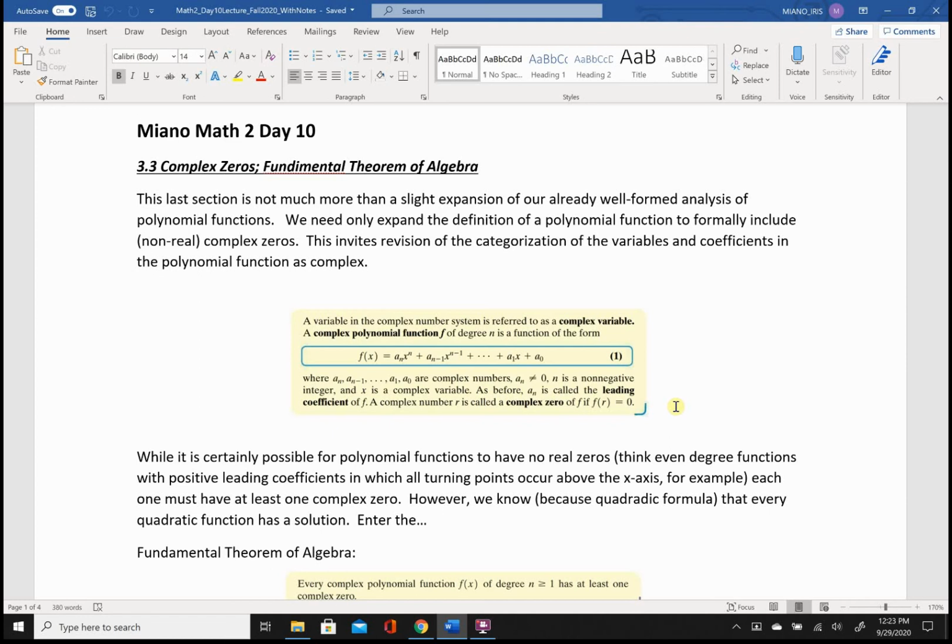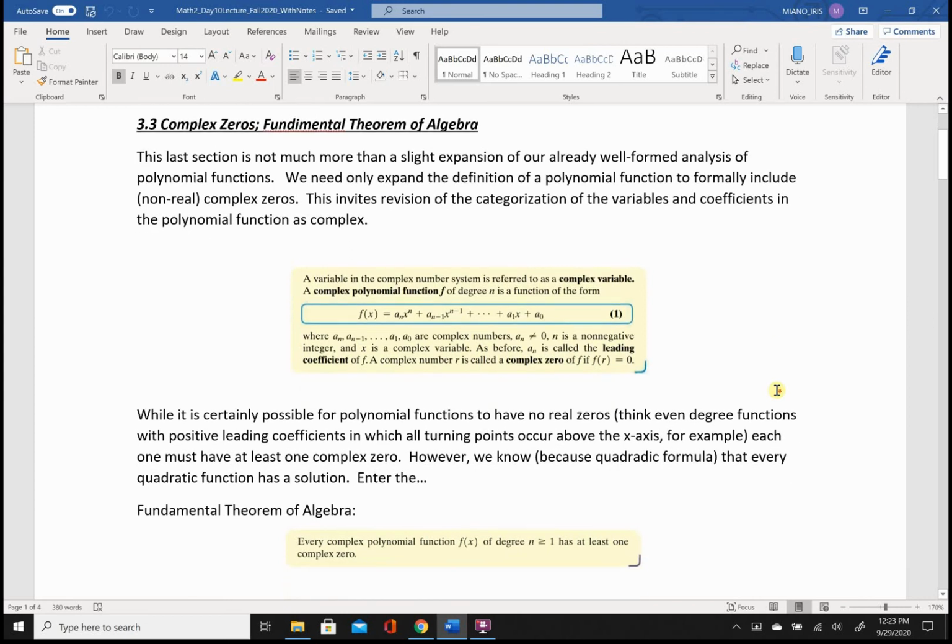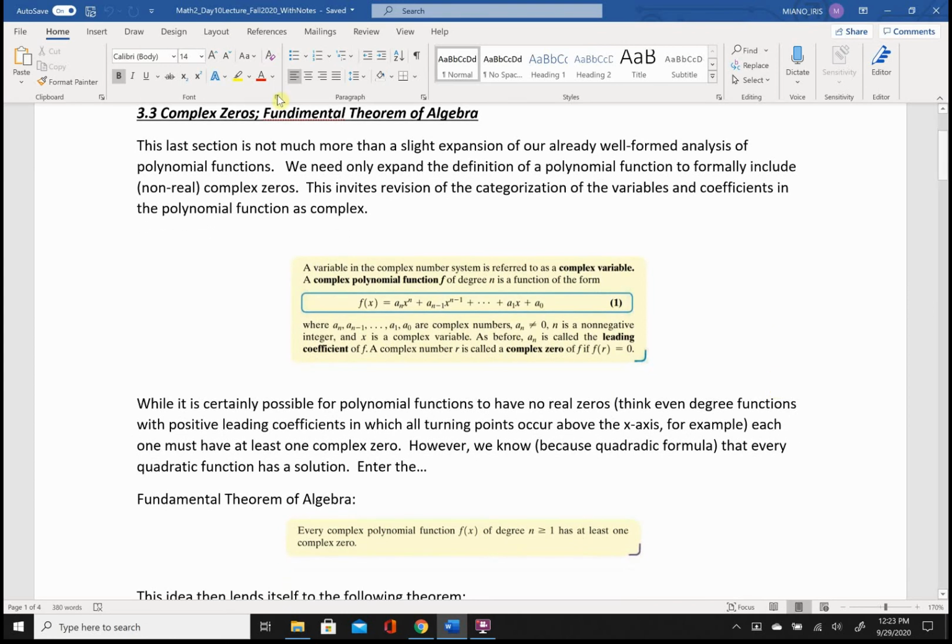So when I talk about real zeros, I'm talking about complex numbers with no imaginary part. And when I talk about complex zeros, generally I am referring to complex zeros with an imaginary part. So I'll try and specify that every single time it's mentioned, but just in case, complex zeros are meant to be non-real numbers when they are referred to.